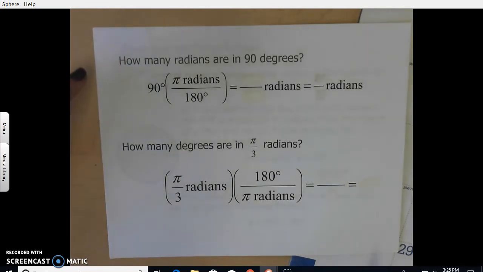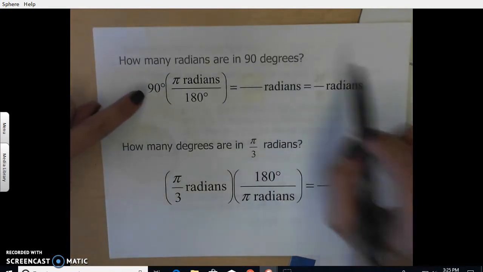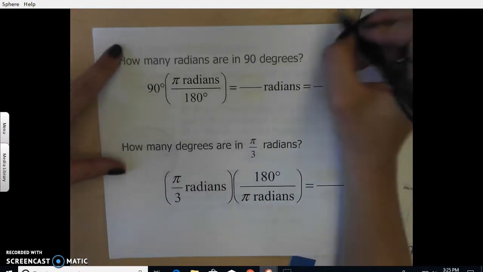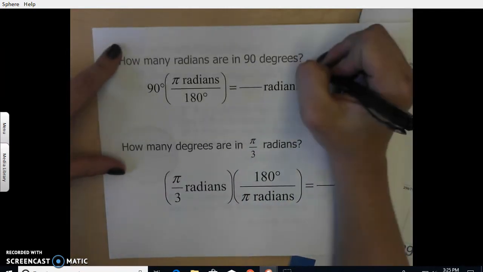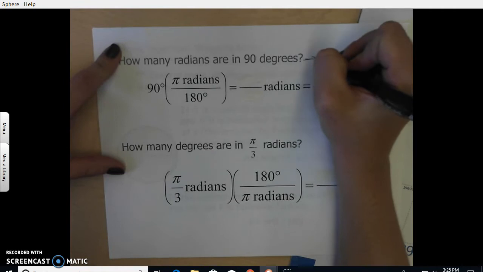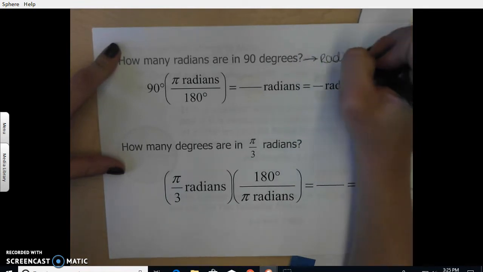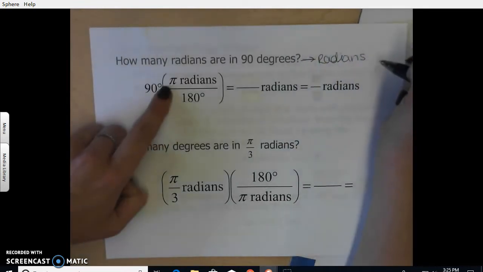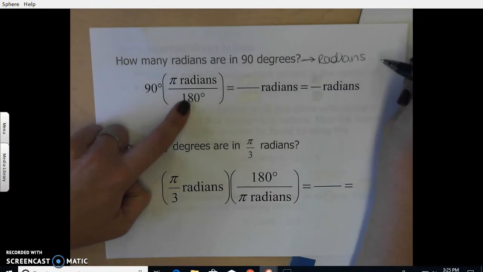How many radians are there in 90 degrees? So let's think about this. Since we're going from degrees to radians, we want to multiply by pi radians over 180.